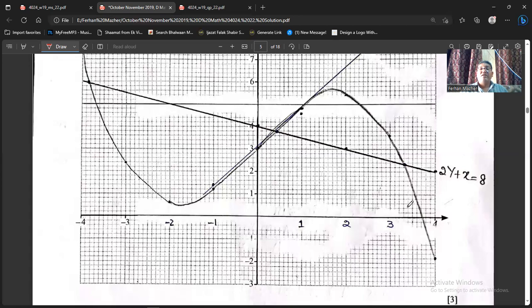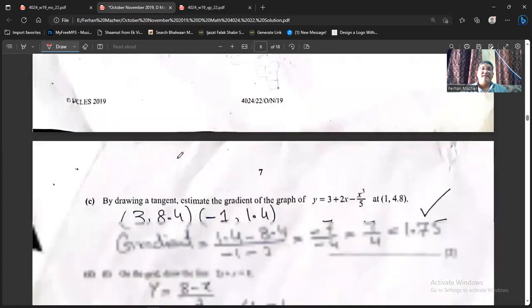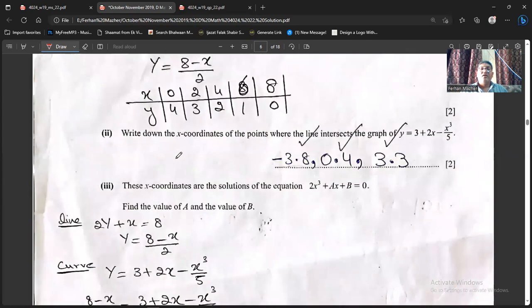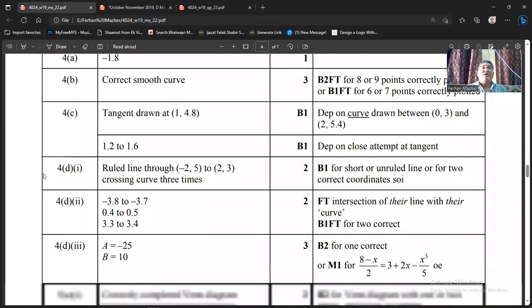And what is the x value under this point where the line has intersected the curve? That is 3 point something. So I have written these answers here. From the graph, the x values are -3.8, 0.4, and 3.3. So my answers are right. I have already checked them with the marking scheme.